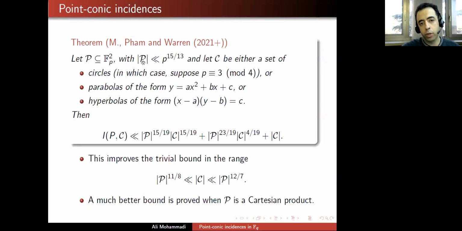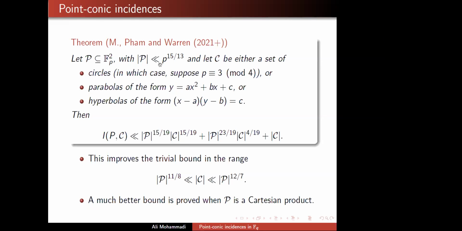As long as P doesn't correlate with these Cartesian products of subfields, you should have a non-trivial bound here. That is one of the top questions in this area. I'm not sure if that was along the lines of what you asked, because the only appearance of p is actually here. The characteristic.